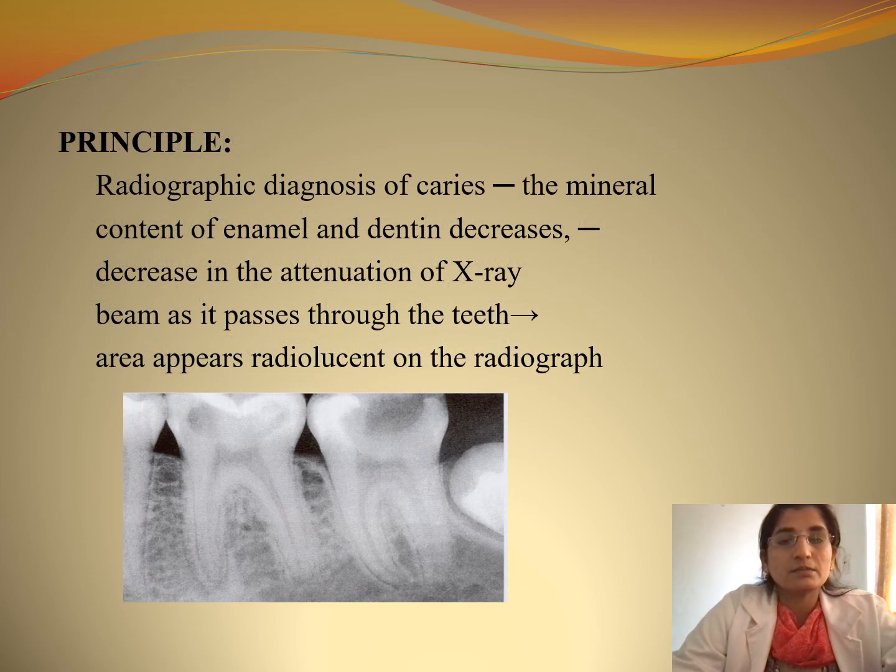The principle involved is that radiographic diagnosis of caries will be made when the mineral content of enamel and dentin decreases. Hence, there will be a decrease in the attenuation of the X-ray beam as it passes through the teeth, and the demineralized area appears radiolucent on the radiograph. That's how one can identify caries in radiographs.